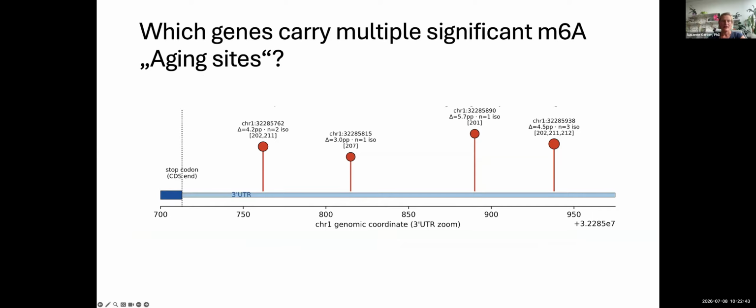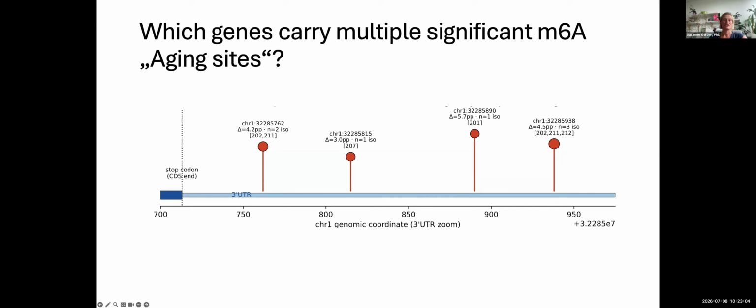And next, we were asking whether we could identify genes with multiple sites that are highly age-related, and whether we could use this as some kind of age predictor, similar to the epigenetic clock from Steve Horvath that I think everybody knows.